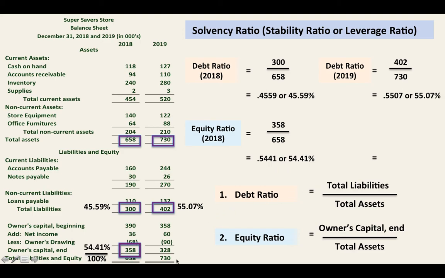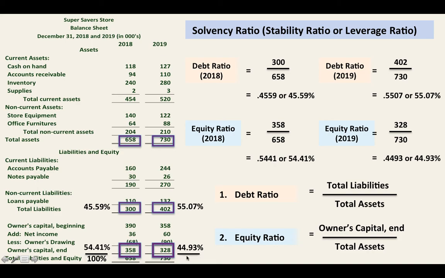Okay? And for 2019 equity ratio, what is the percentage of this capital over total assets? So we will do the calculation for 2019, which will be 328 over 730. And doing the mathematical calculations, we will have 44.93%.